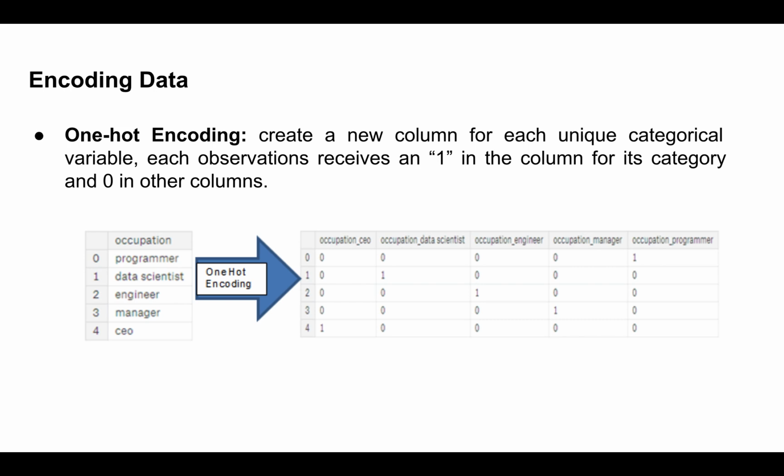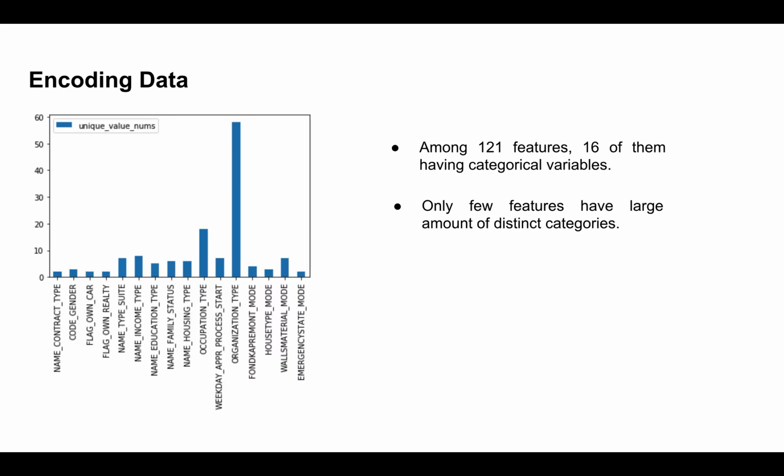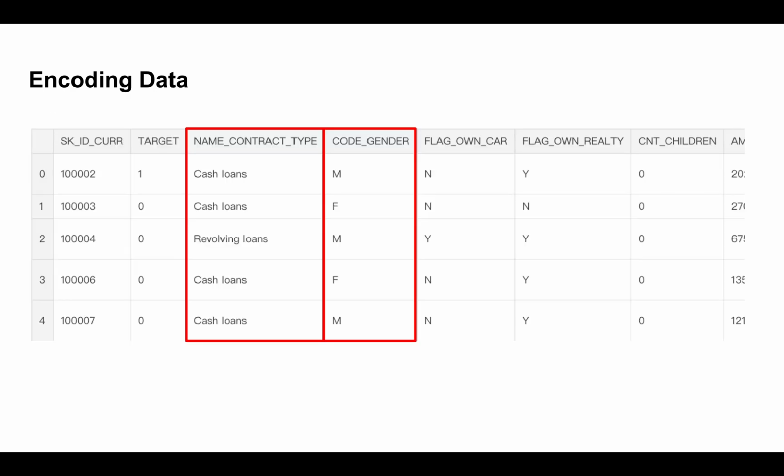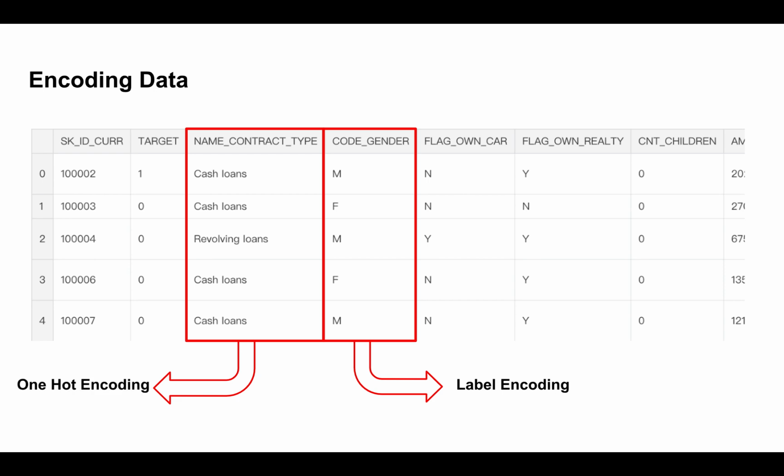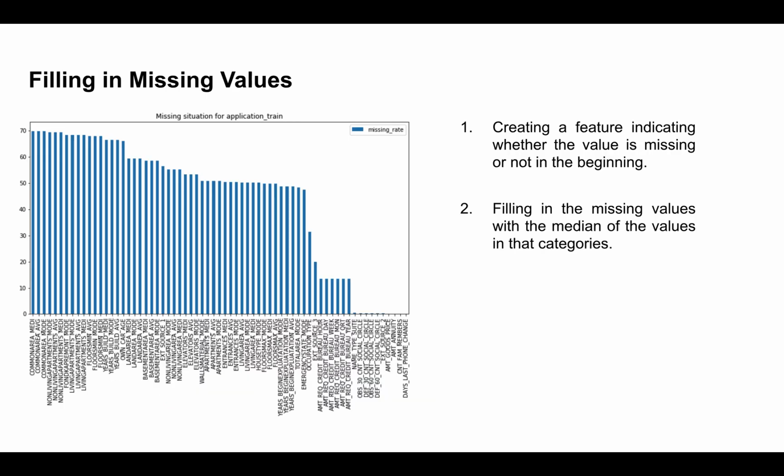It might not be suitable when there are many object type features with a great amount of unique categorical values. Looking further into our data, we found that among the 121 features, 16 have categorical variables, and only a few of them have a large number of distinct categories. Based on these characteristics, we apply label encoding to features having exactly 2 categories and one-hot encoding to features having more than 2 categories.